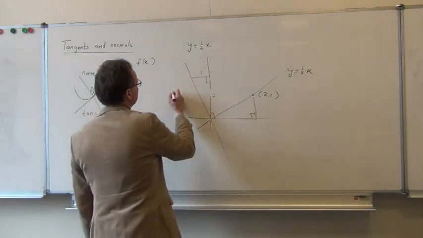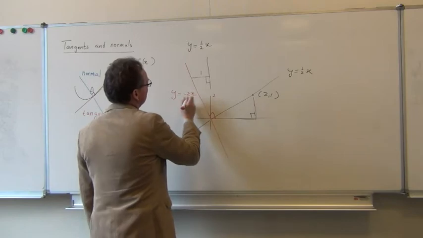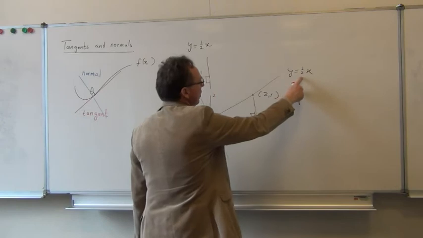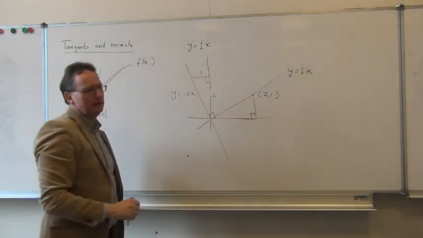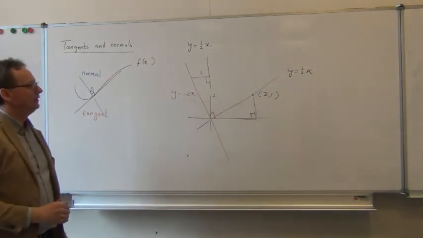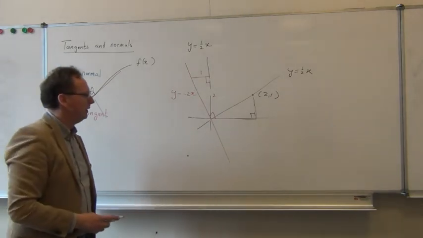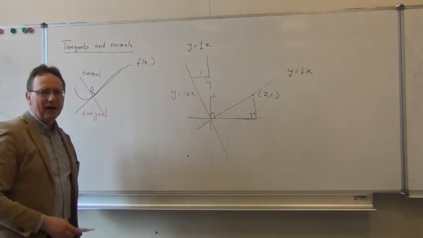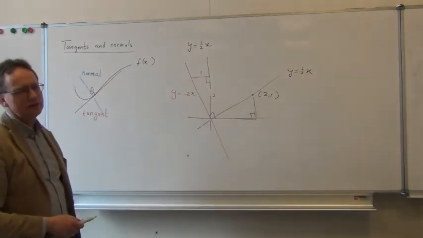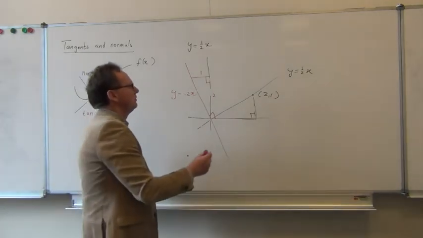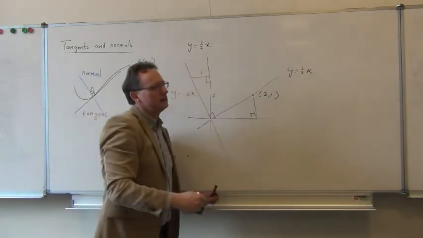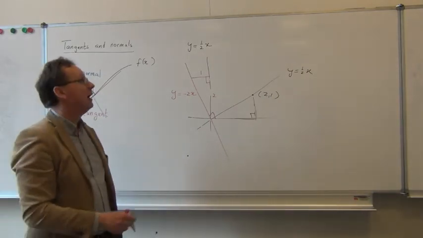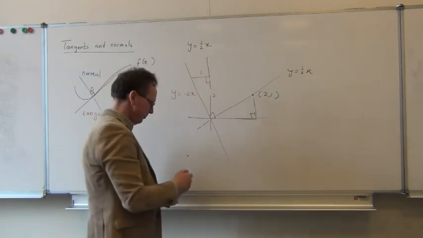And so the equation of this line will be y is minus 2x. So for the first line the slope was 1 over 2, and for the other one it was minus 2. It turns out there's always a special connection. If two lines are perpendicular, there's a special relation between the slopes, and many times that's described as the negative reciprocal. So if you start with half, you take the reciprocal, you turn it upside down, so 1 over half is 2, and then you also change the sign and it becomes minus 2.